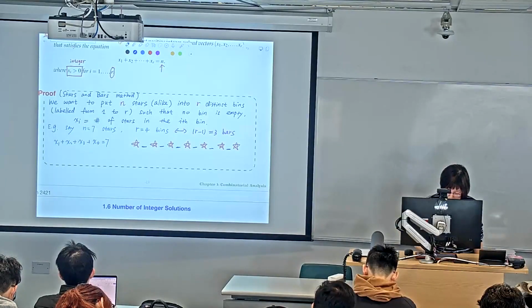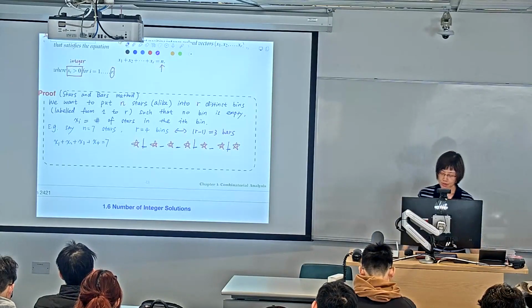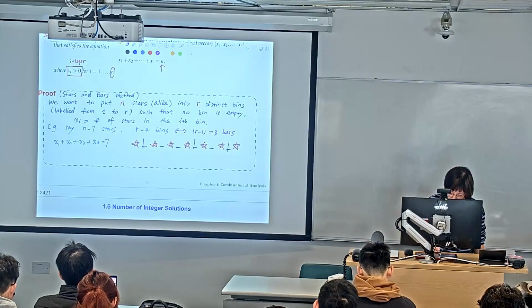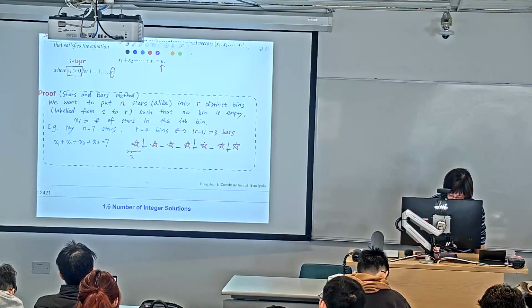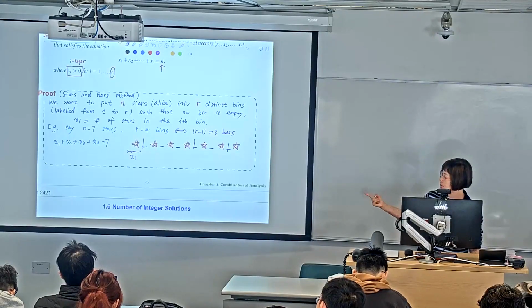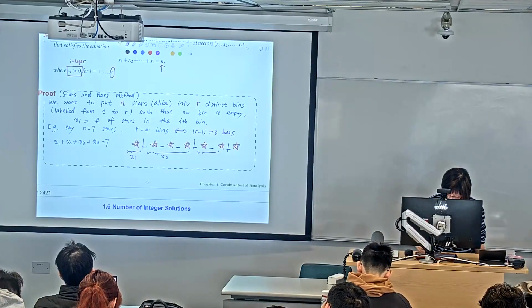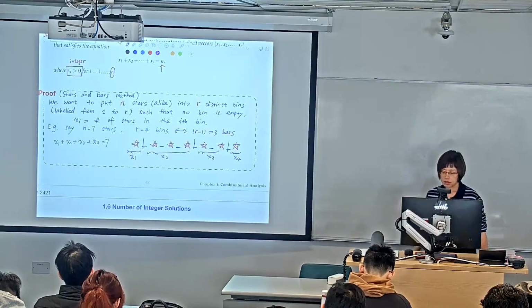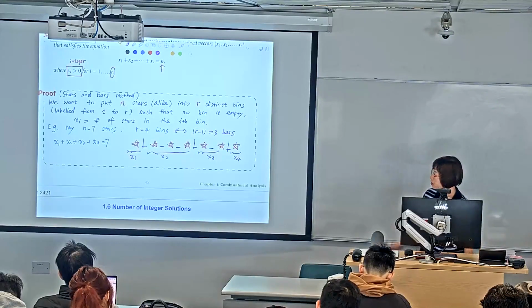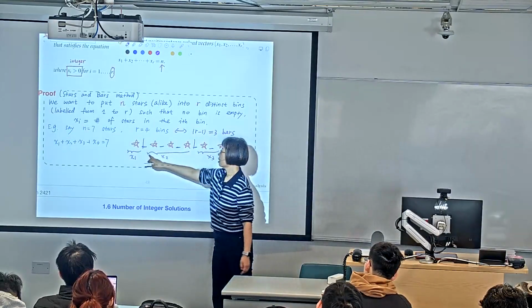So if you put 3 bars here, naturally you split the 7 stars into 4 bins. In this situation, x1 equals 1 star, and then x2, x3, and x4.